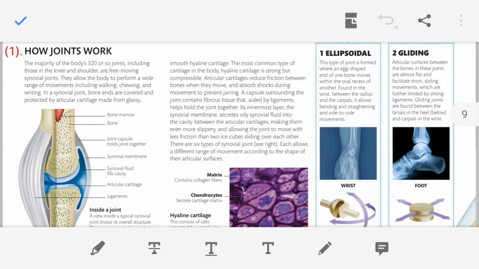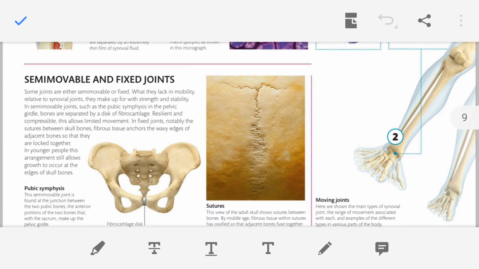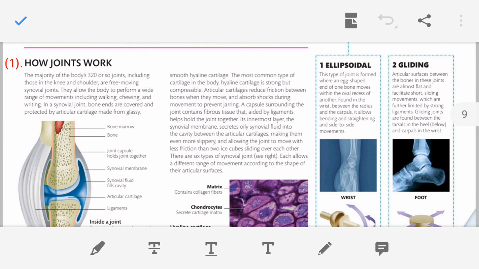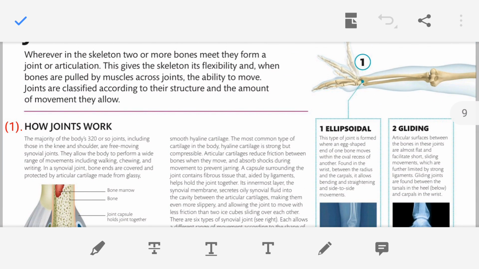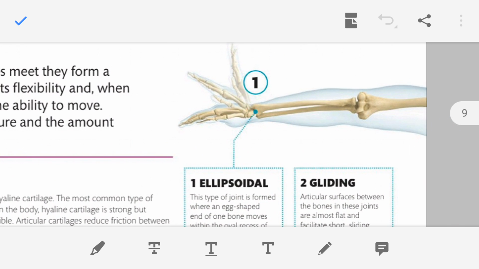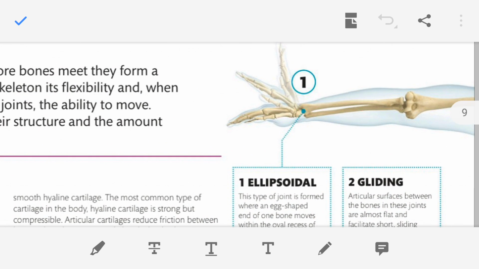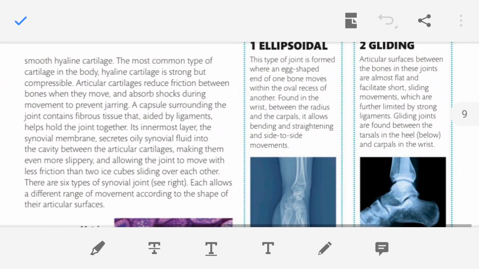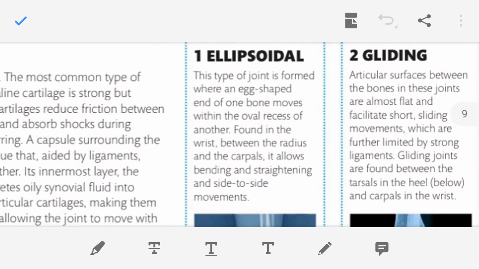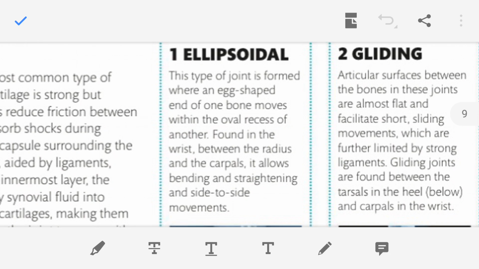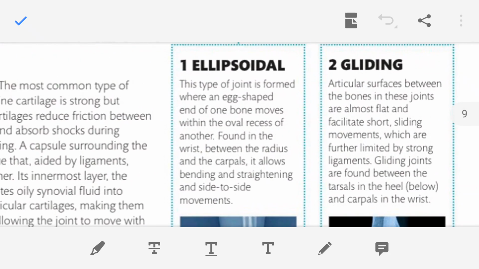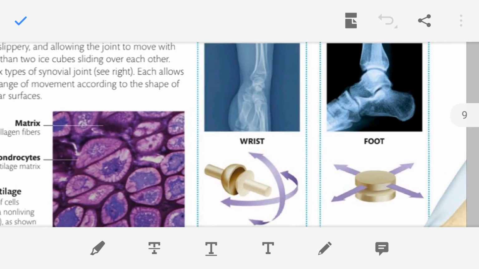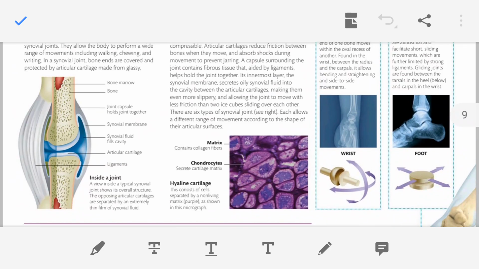Now this was the first point. Now the second point. Before we discuss the second point, I am showing you a few of the synovial joints. Number one, ellipsoidal, where it is present. You can read this information. I am not explaining this because I will take a separate lecture, the next lecture, and in that we will discuss this.